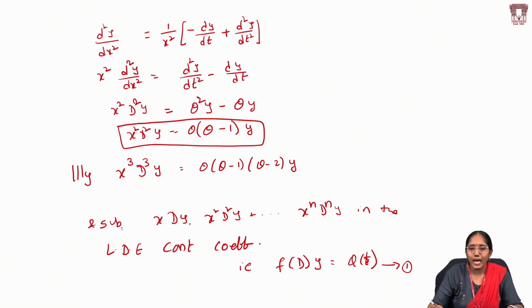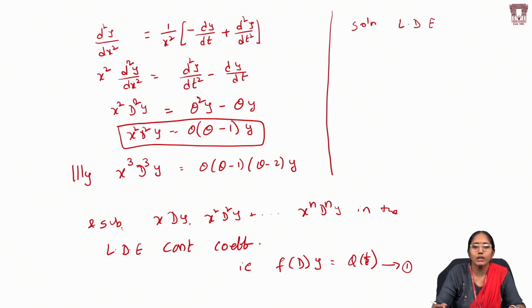Now we will recap this within a few minutes. What is the solution of LDE, a linear differential equation with constant coefficients? The solution can be written as y is equal to complementary function plus particular integral.